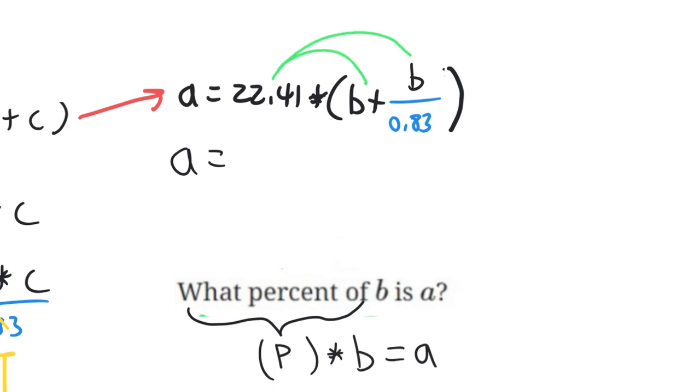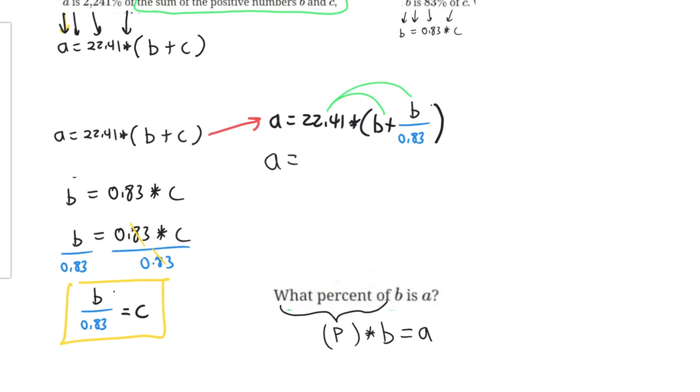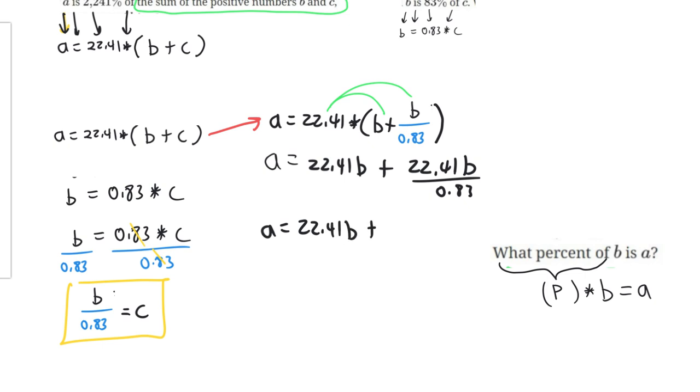So you would have a scenario where it's like 22.41b plus 22.41b over 0.83. But let's be very clear that this scenario could also be rewritten as 22.41b with the sort of clunky decimally fraction off to the side, with this sort of b hanging out to the right.